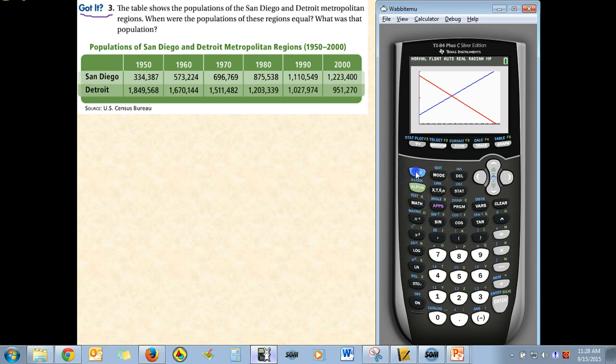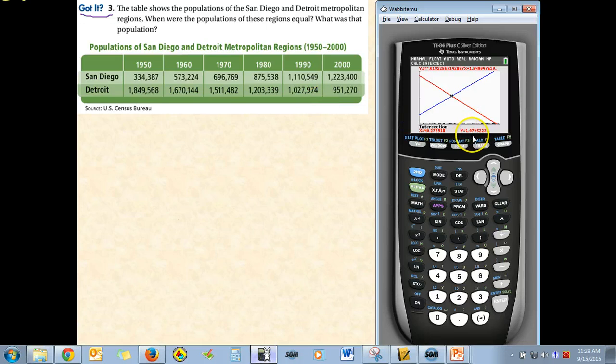Now I'll do my calculation, number 5, to find the intersection. The first curve is blue, the second curve is red. What's my guess? My guess is right about there. And it tells me the intersection is 40.3, and so that means about 40 years after 1950, so that means in around 1990 they were the same, which kind of makes sense.